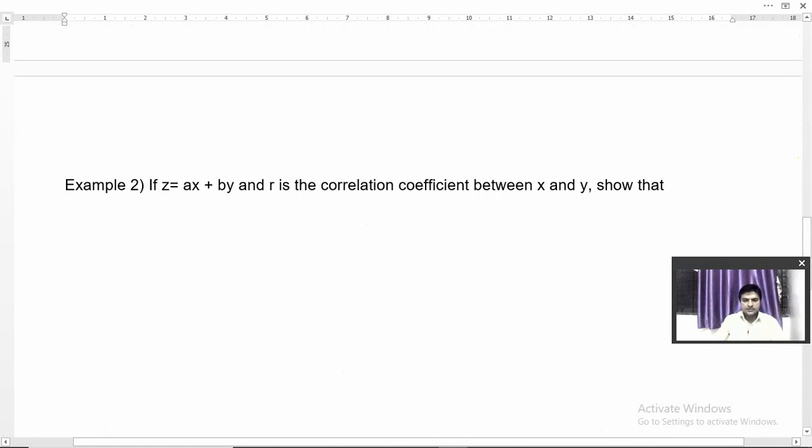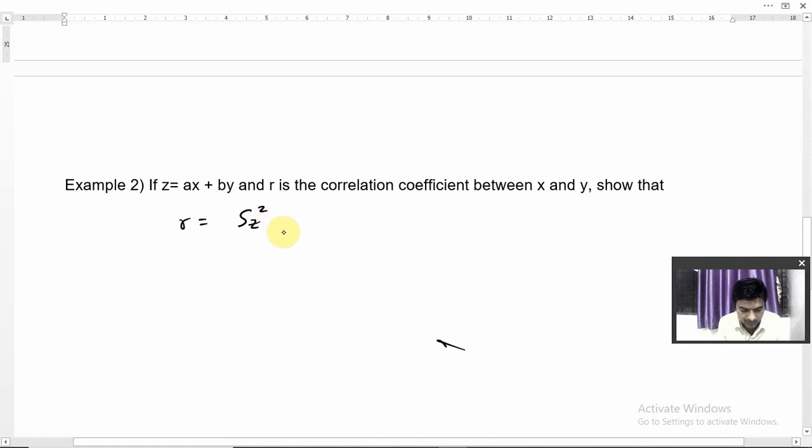Okay, now you can see, if z is equal to ax plus by, and r is the correlation coefficient between x and y, show that, friends, they have told us to show that this value r is equal to z square.